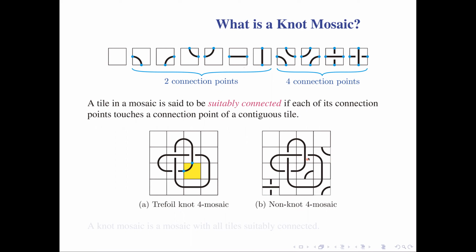But in B, there are some non-suitably connected tiles in green. So a knot mosaic can be defined as a mosaic with all tiles suitably connected. Furthermore, we can figure out that the tiles on the border, called the boundary tiles, cannot have 4 connection points to be a knot.